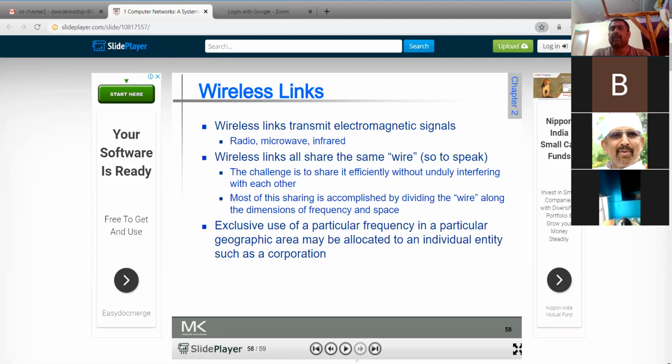Within that particular frequency, they have to use it in a geographic area, like Airtel, Bharti Telecom, Reliance Jio, and Idea Birla. Like that, they will purchase. That's a bidding, bidding for 2G spectrum, 3G spectrum.